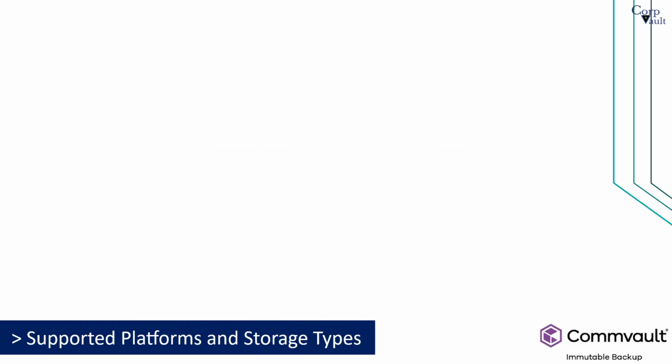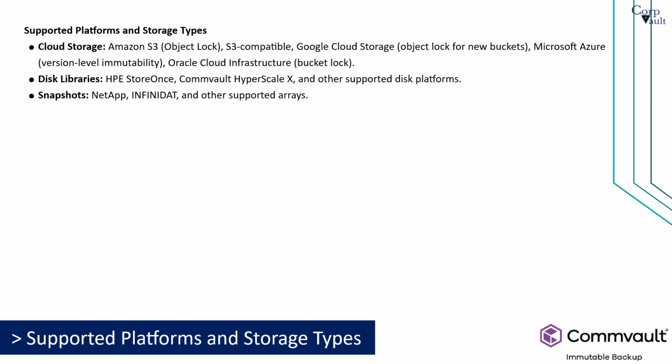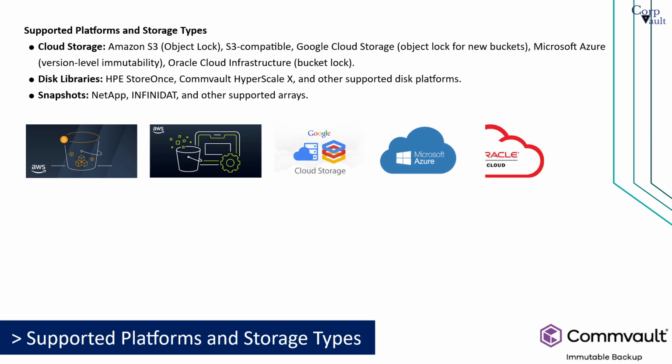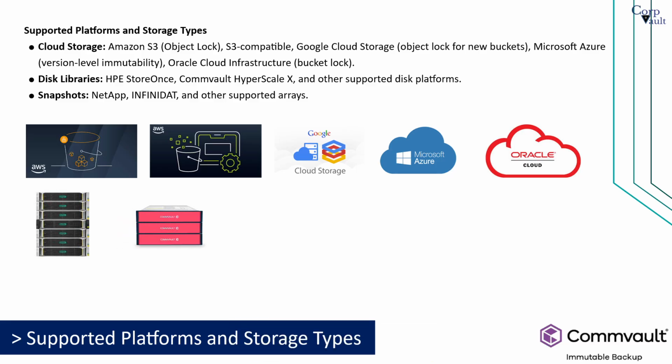Platforms and storage types that support WORM. WORM storage mode is supported for various cloud storage vendors, like Amazon S3, S3 compatible, Google Cloud Storage, Microsoft Azure, Oracle Cloud Infrastructure, etc. For disk libraries, WORM storage mode is supported for various vendors, like HPE StoreOnce, Commvault HyperScale X, and other supported disk platforms.